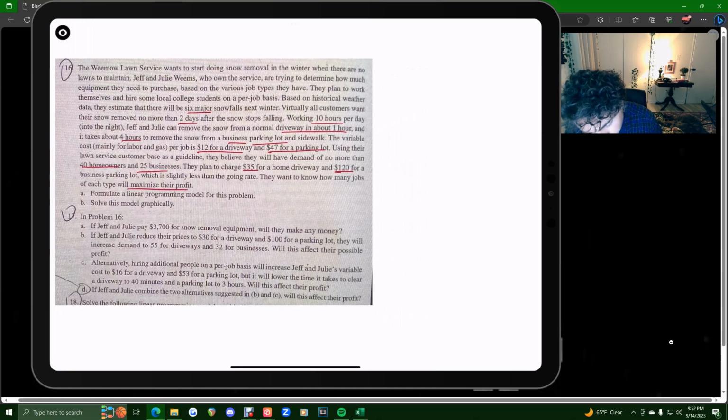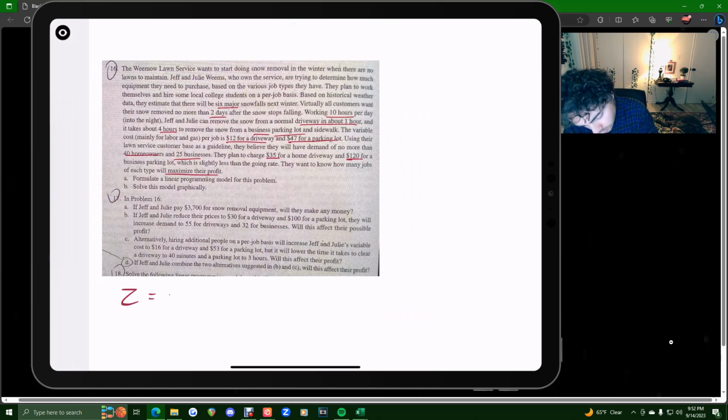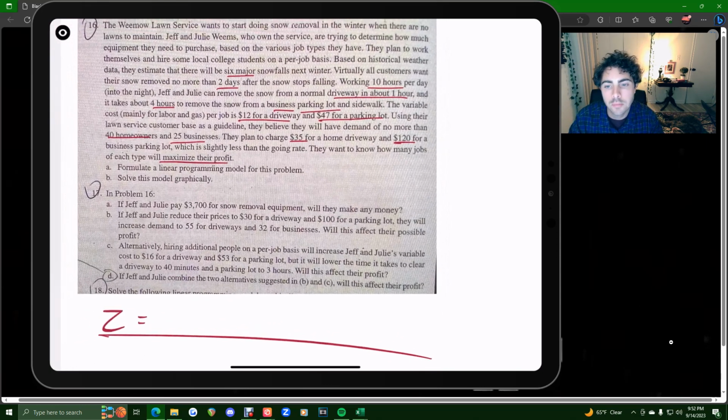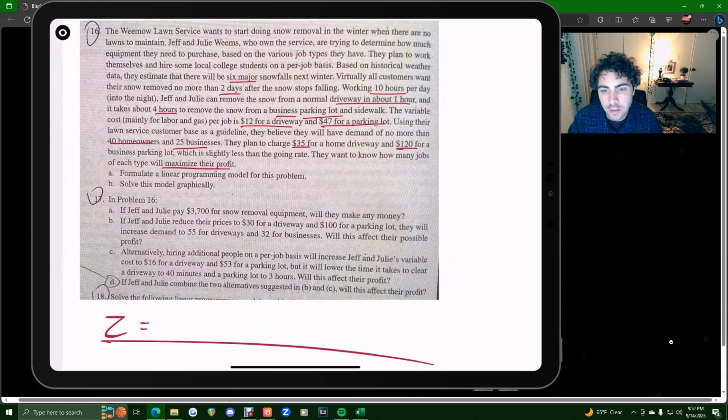So we're going to start with the profit equation. We'll call it Z. Profit. Think about profit here for a moment. Profit incorporates not just the money they're making, but also the cost for the jobs here. So revenue minus cost, essentially.